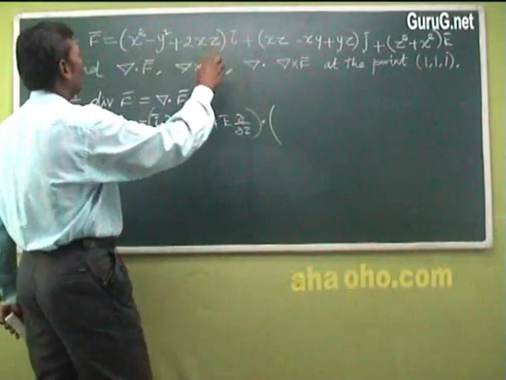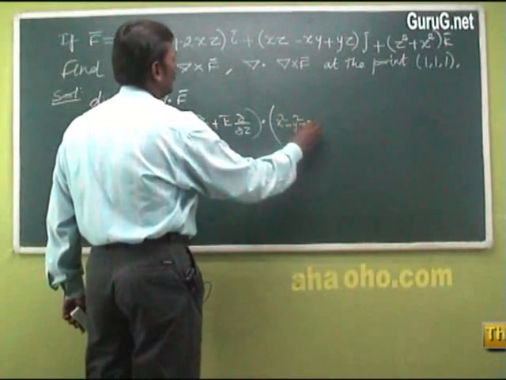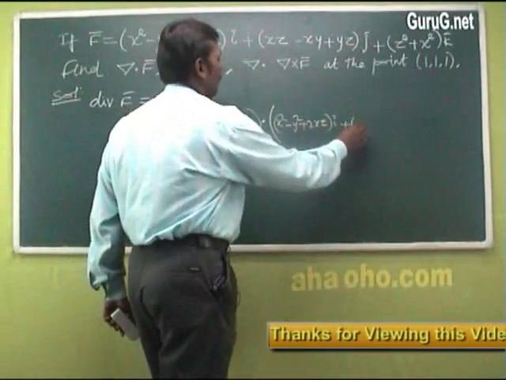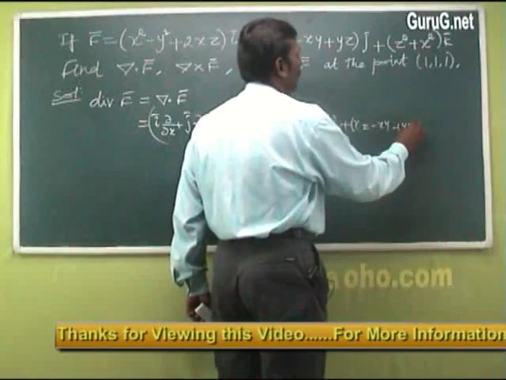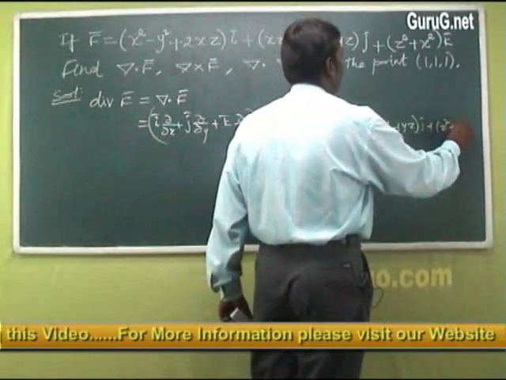The given vector is x squared minus y squared plus 2xz into i, plus xz minus xy plus yz into j, plus z squared plus x squared into k.